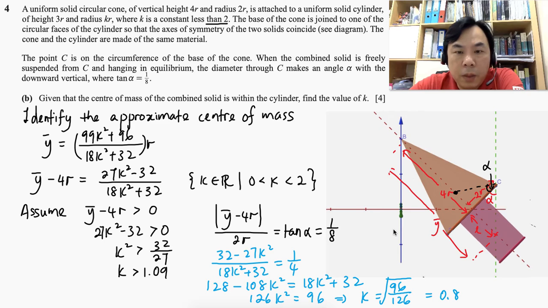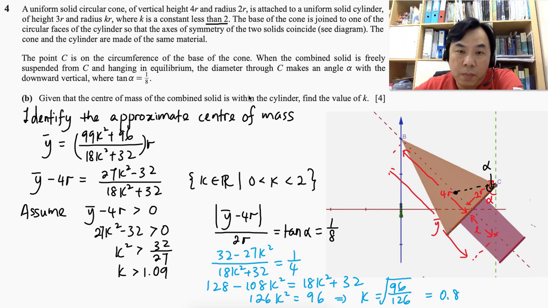Now, I need to clarify one thing before we go with this question here. Even though we have two values of k here, due to the fact that the question mentioned the center of mass is located in the cylinder section, that's the reason why we make assumptions to choose our center of mass right here, not here.